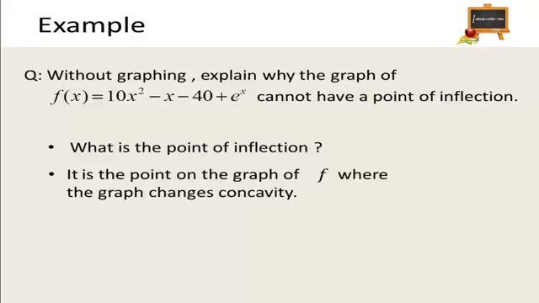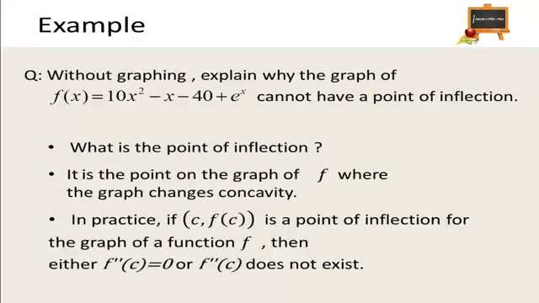Well, in practice, the information regarding concavity is obtained from the second derivative of the function. It is the point where the sign of f double prime is different before it and after it. It is known that if the point (c, f(c)) is a point of inflection for the graph of a function f, then either the second derivative at c is equal to 0, or the second derivative of f at c does not exist.